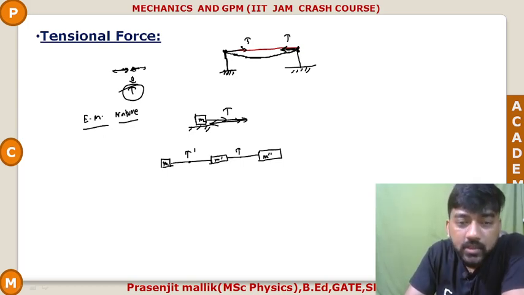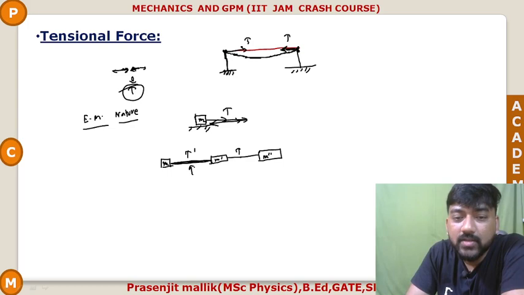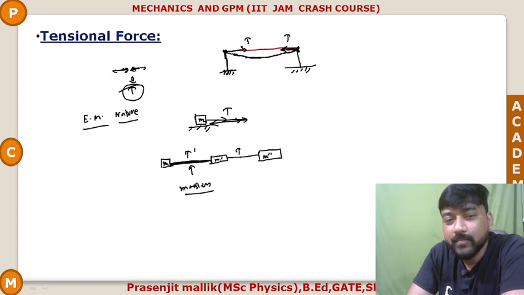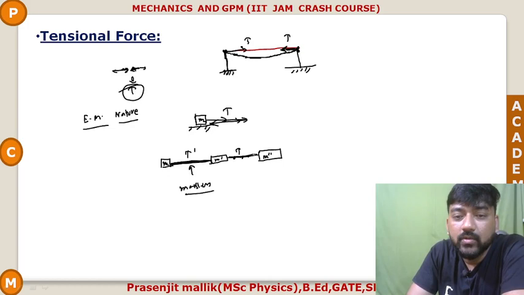But if the string is massless, ideally a very light mass, then the tensional force throughout the string will be the same. But if it has mass, then the tensional force at each and every point will be different. So please remember this.